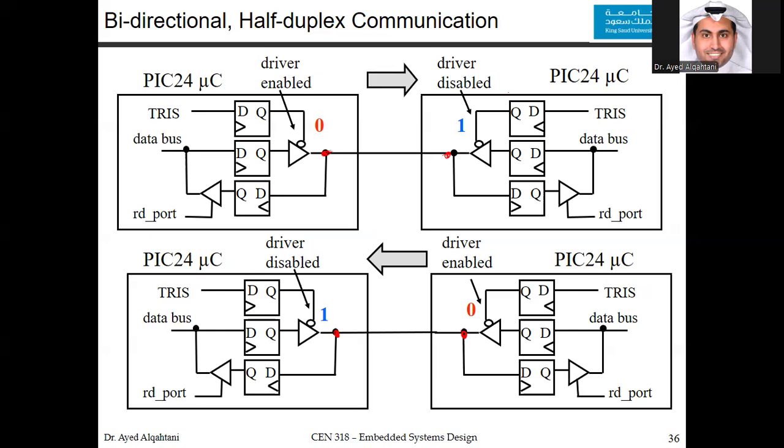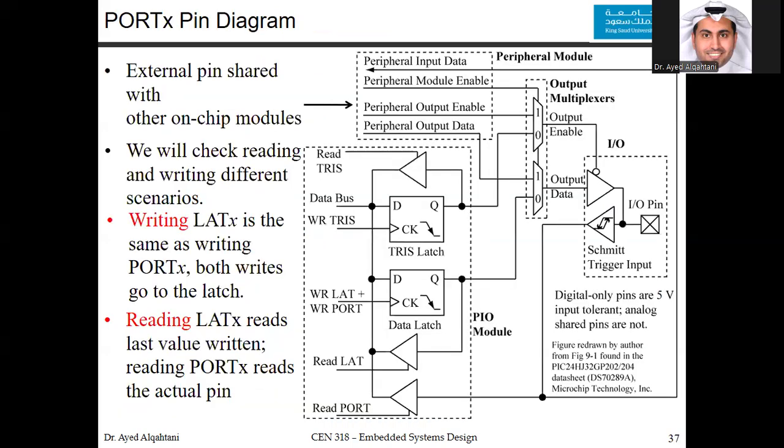And now we know how to deal with the TRIS. Let's look deeply at what's inside, or what's behind, every GPIO pin. So if we pick one of the pins, that's a pin here. It could be port A0, 1, 2, 3, 4, or 5, or any of port B from 0 all the way to 15. It could be any one of these ports.